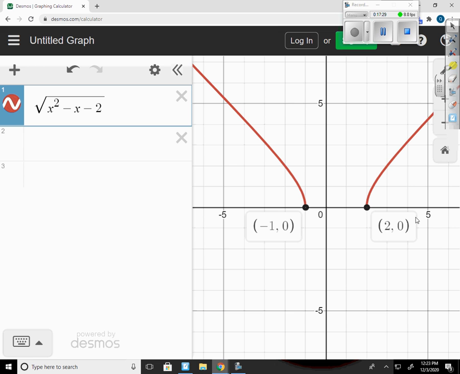Which means when you have the chapter test on Monday and you have like 24 hours plus to do it, there's literally no reason why you wouldn't go to Desmos to check your answers. If you just give me -1 and 2, that's really going to hurt your grade, because if I don't see the work, I'm going to give you about a third of the credit that you should get on it for a correct answer.